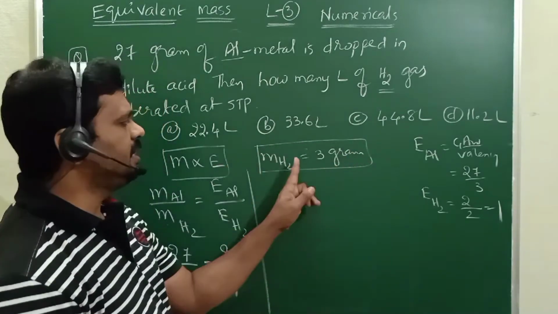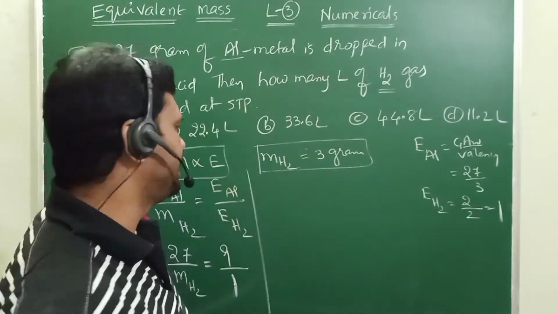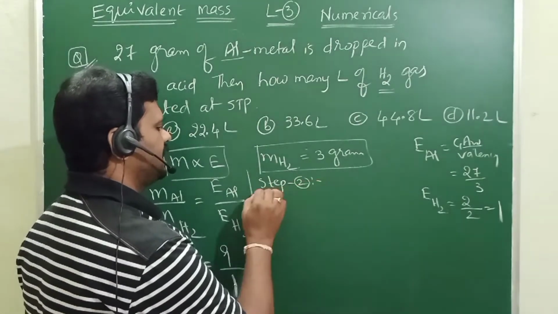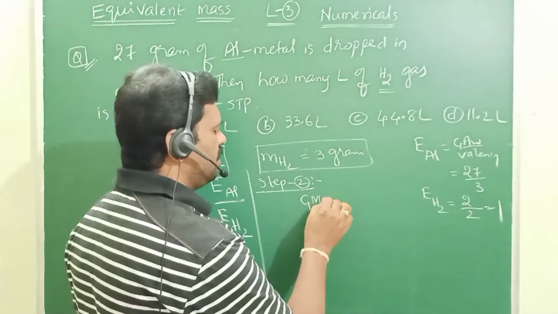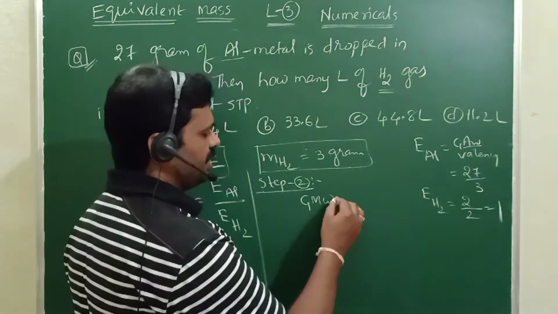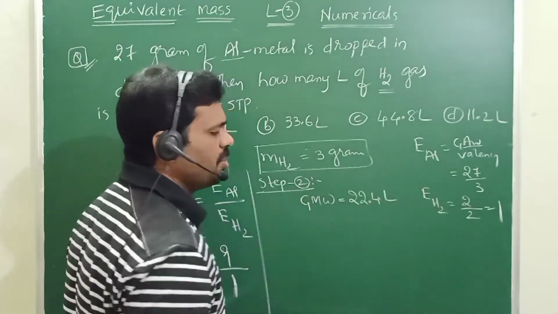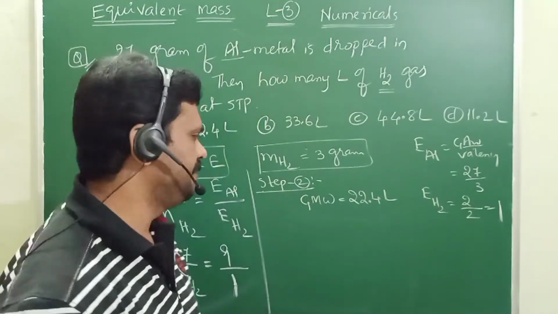But he is not asking for the mass, he is asking how many liters under STP condition. Now come to step 2. According to the mole concept, 1 mole is the gram molecular weight, which is equal to 22.4 liters. 1 mole of any gas can occupy 22.4 liters at STP.